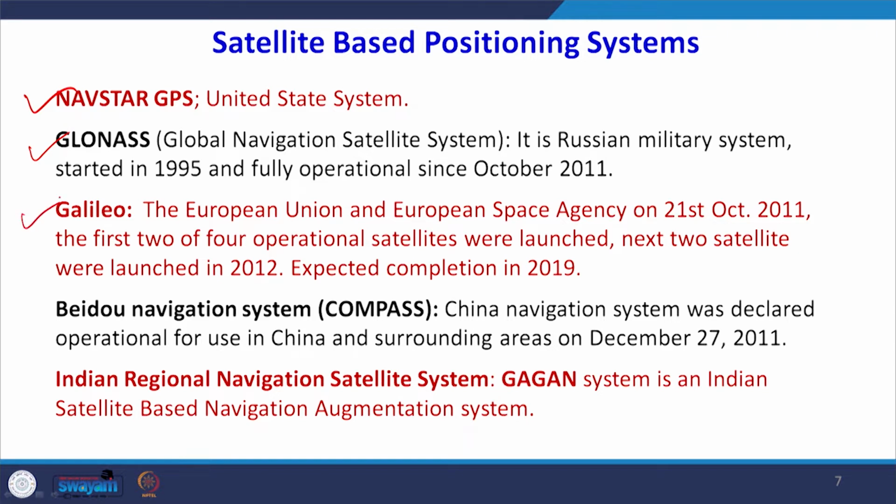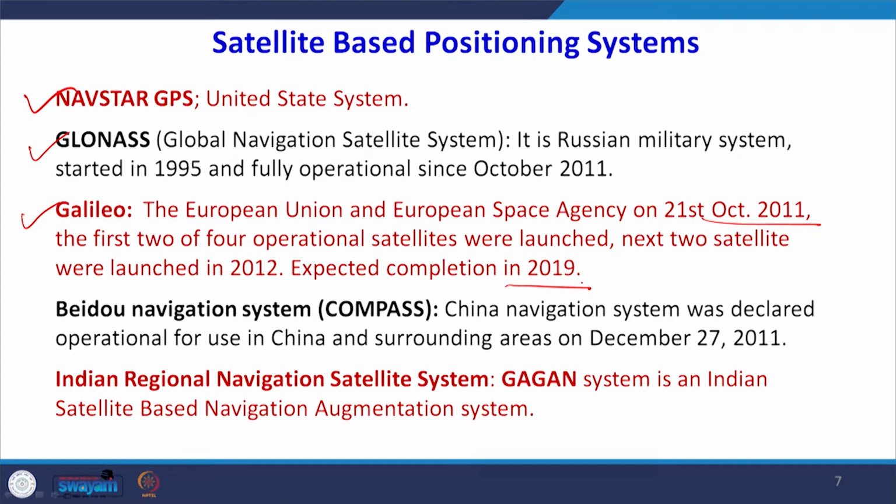Then came Galileo, a joint venture of the European Union and the European Space Agency, started in 2011 and expected to be completed in 2019.